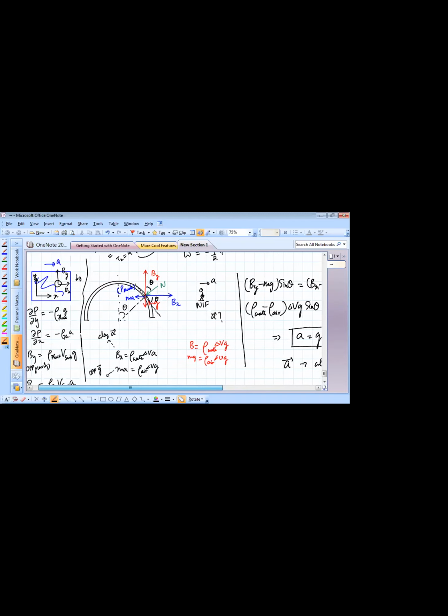We take our x-axis like this and our y-axis like this.